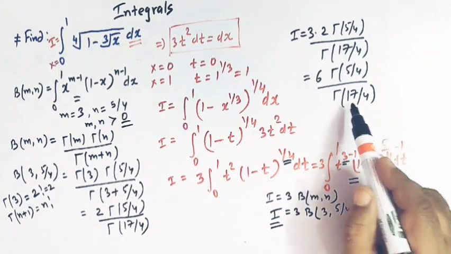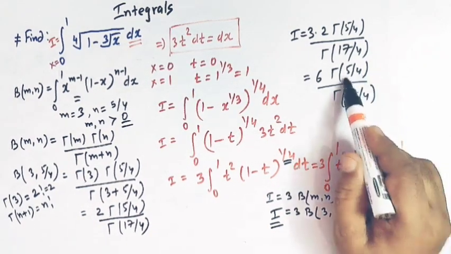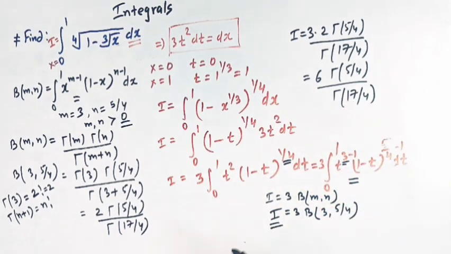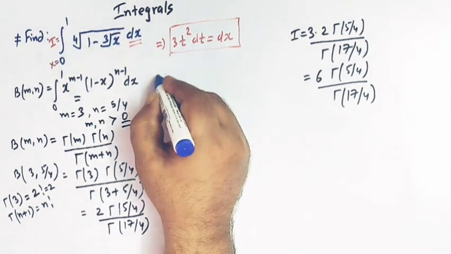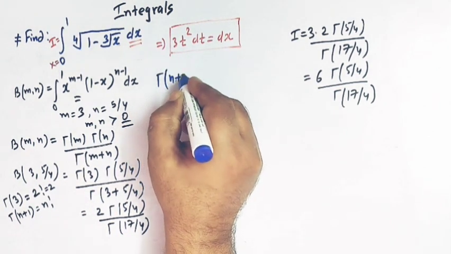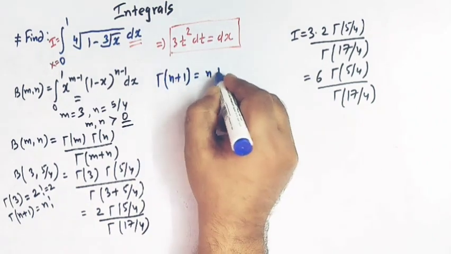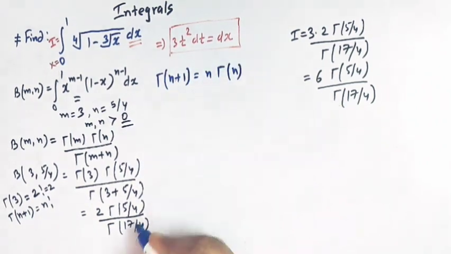So now we'll simplify this expression using another important result from the gamma function. Now viewers, we know that gamma of n plus 1 is equal to n times gamma of n, right?